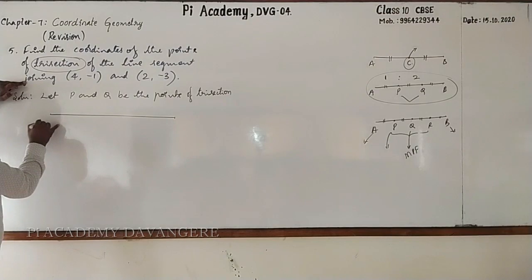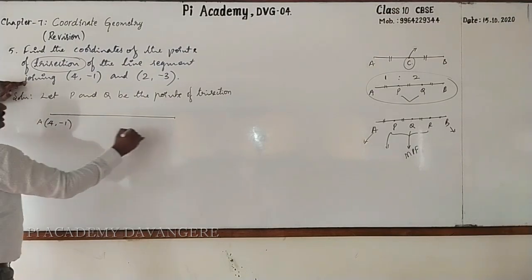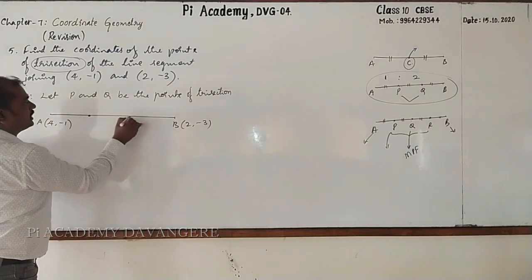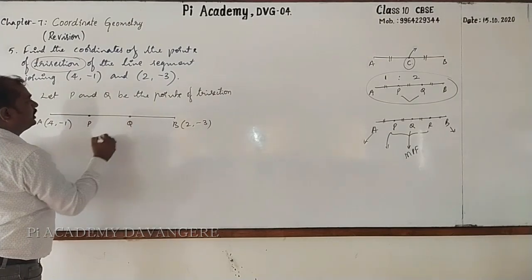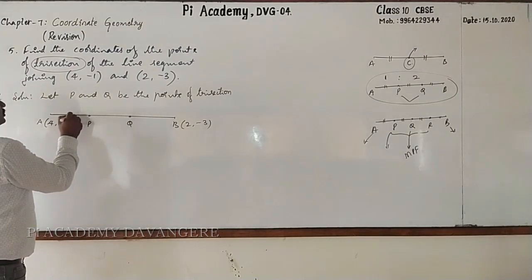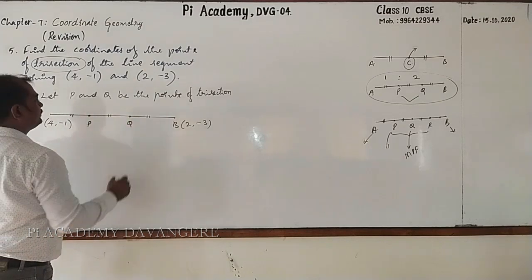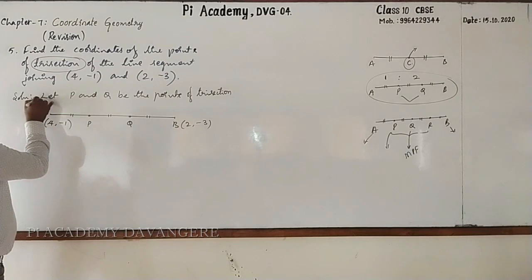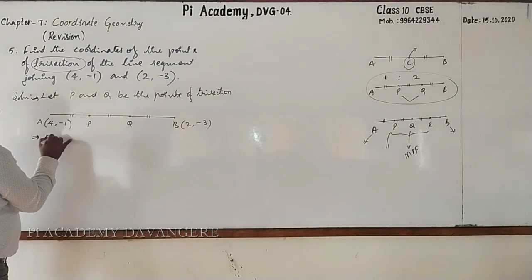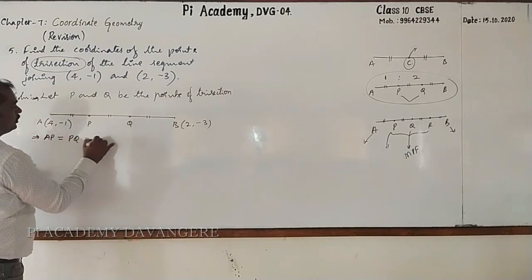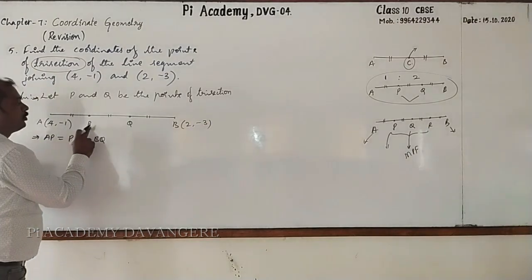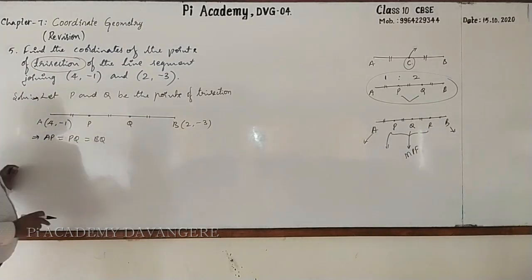The points are A (4, -1) and B (2, -2). And these are the 2 points, P and Q, the points of trisection. So AP equals PQ equals BQ. We are going to find the coordinates of P as well as Q.